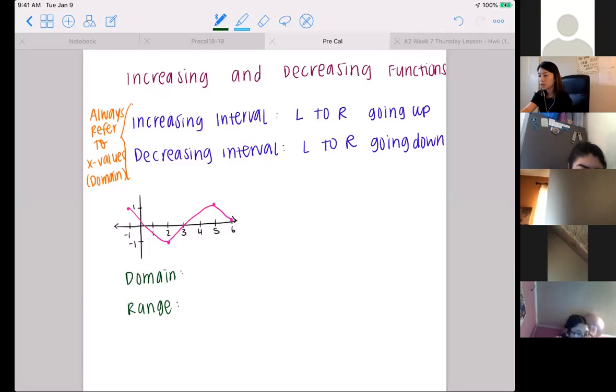Chris, good. Carlos, try again. On the x-axis, starting from the left, where do you see a point that's being used? And then go all the way to the right.